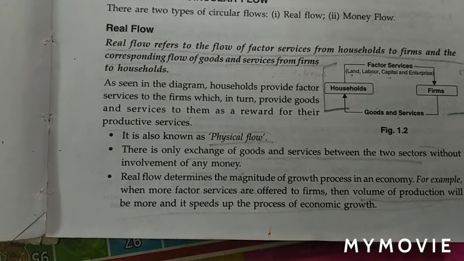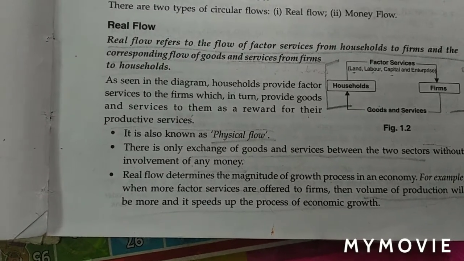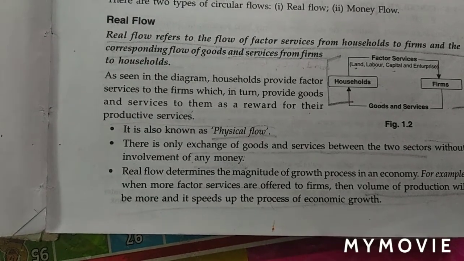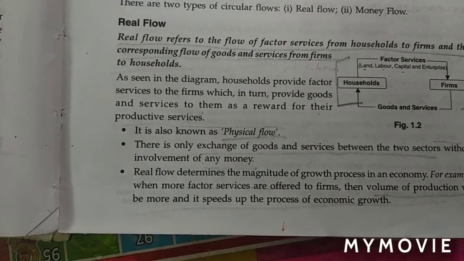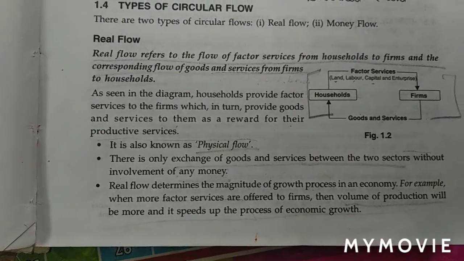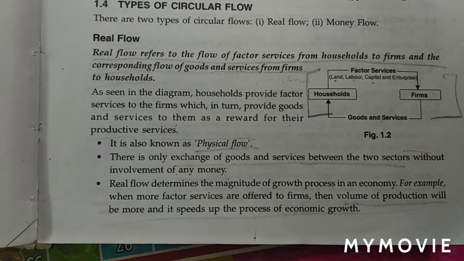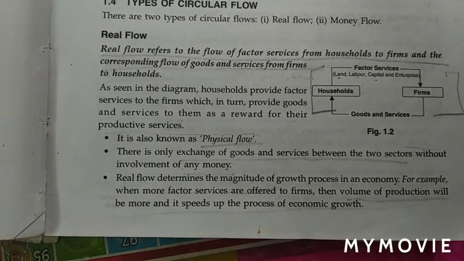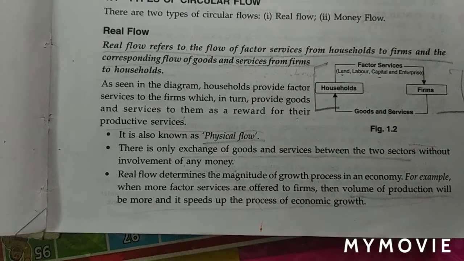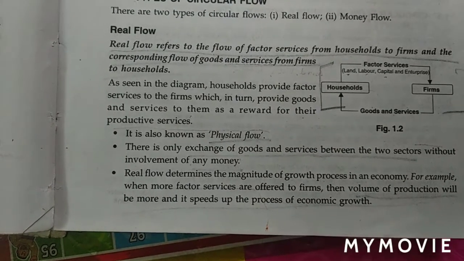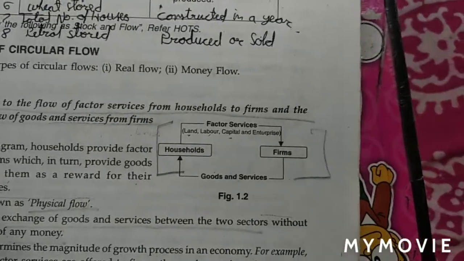Producers supply goods and services to the household, and household, the owners of factors of production like land, labor, capital, enterprise, supply factors of production or factor services to the producers. This interdependence can be explained with the help of the diagram given here.